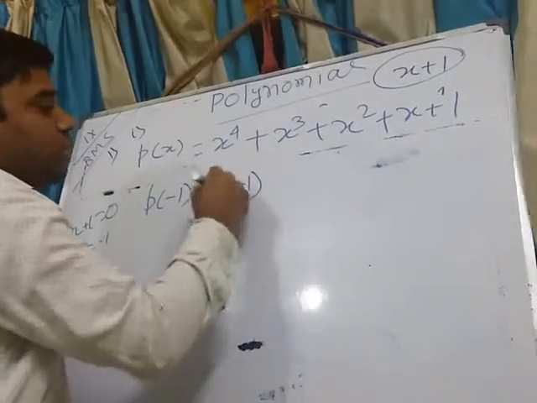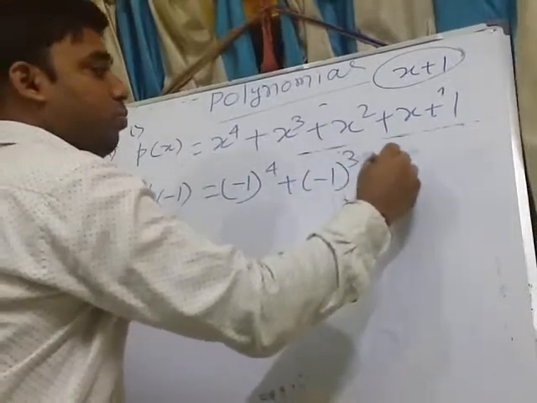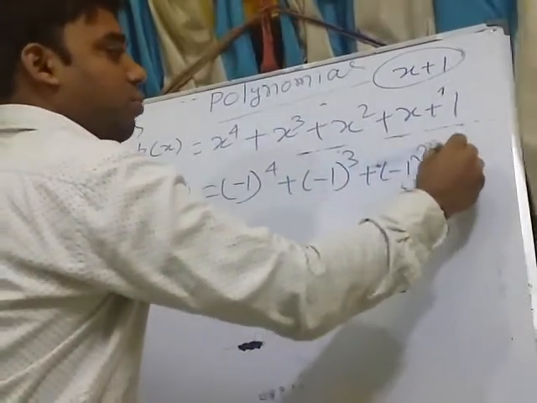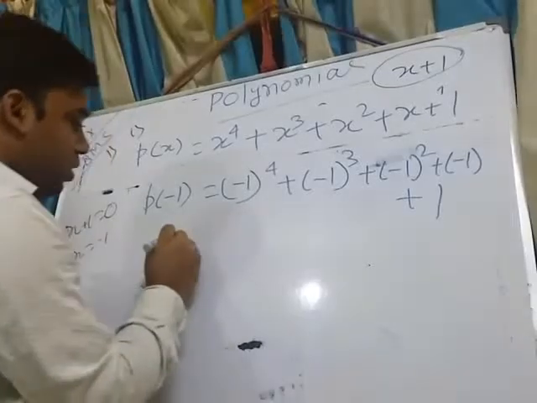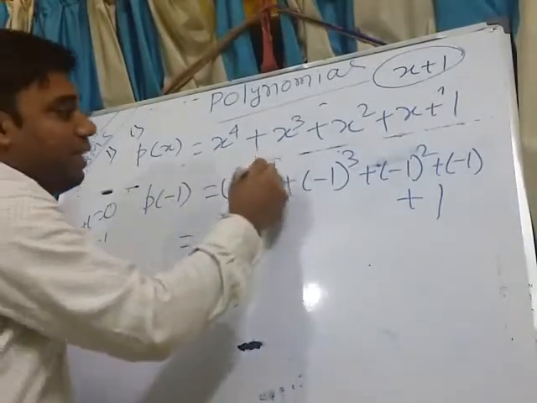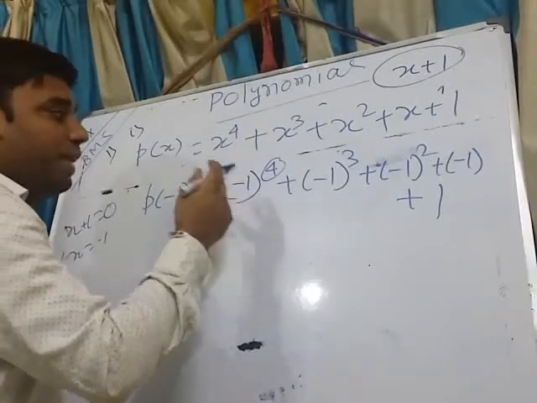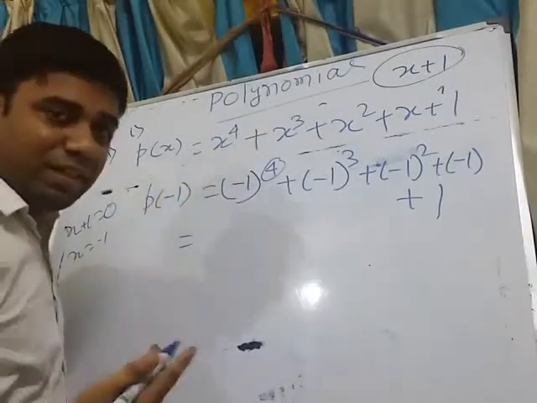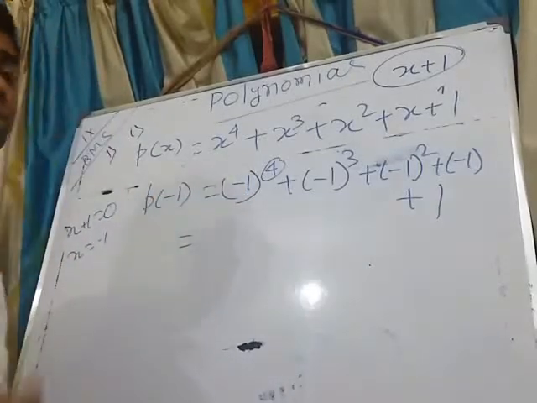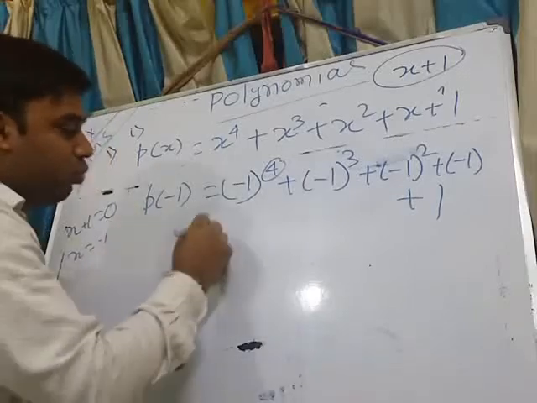So (minus 1) to the power 4, minus (minus 1) cube, minus (minus 1) square, minus (minus 1), plus 1. Minus 1 to an even power gives a positive result, so (minus 1) to the power 4 is 1.